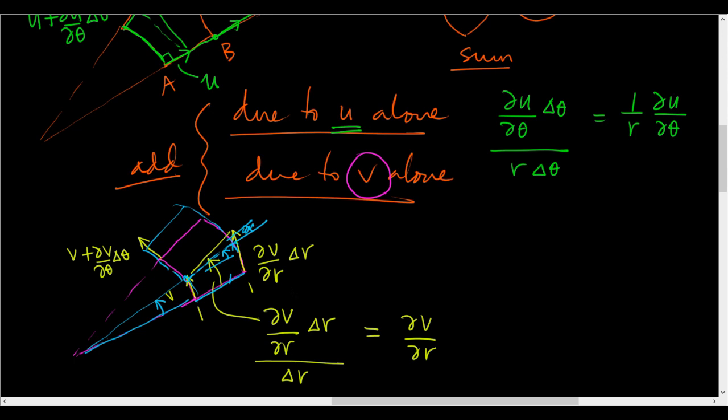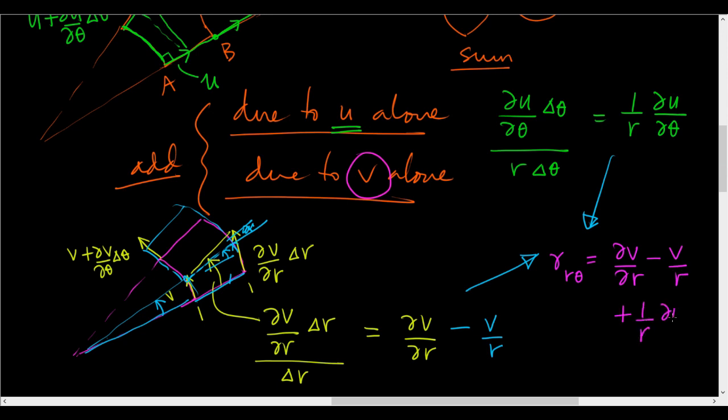This is the rotation part. And so we have to subtract v by r. When we add these together, let me write it: gamma r theta is equal to del v by del r minus v by r plus 1 by r del u del theta.